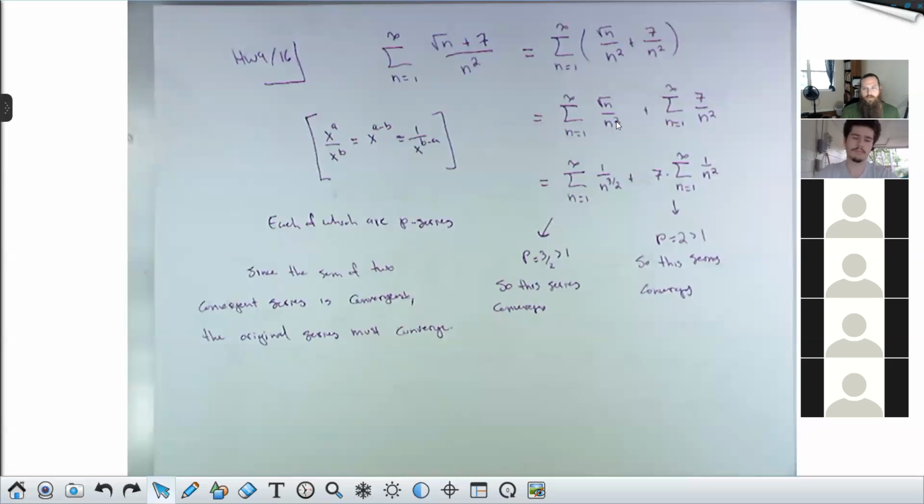Any questions on these steps or any one of these pieces? No, that looks good. Alrighty.